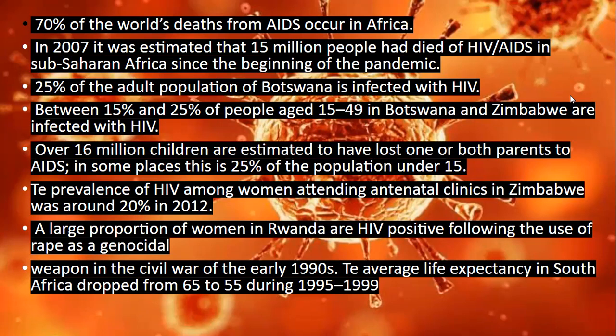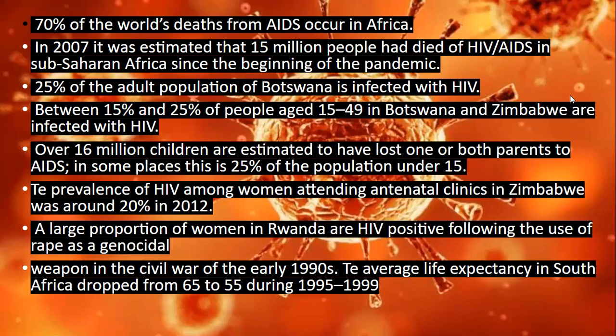In the northern part, most people are Berber and Arabic, and in southern Africa you see more development. But in the middle of Africa, you have people that are less developed, and therefore, well, they don't know. So yeah, they got HIV. They got HIV because of polygamy. You will see documentaries say that. And that's why you see that 25% of the population of Botswana is infected with HIV.